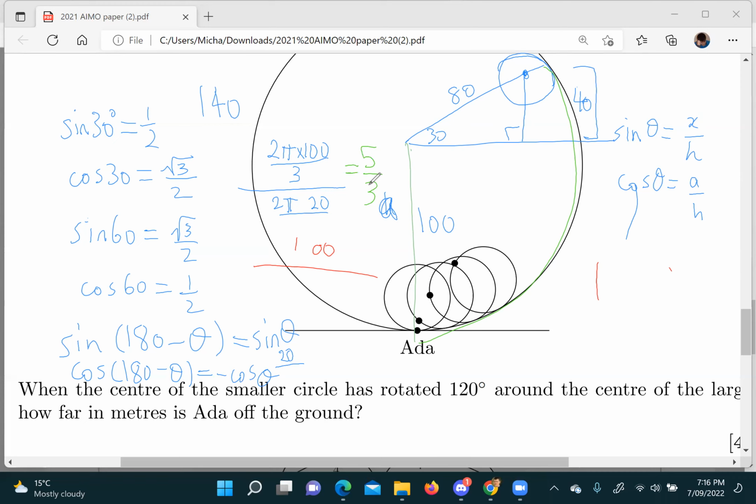So 5 on 3, yeah. So it rotated a whole revolution, and then it went another 2/3. If you look at the example, the dot is going clockwise, right?